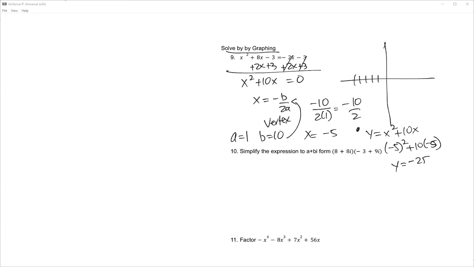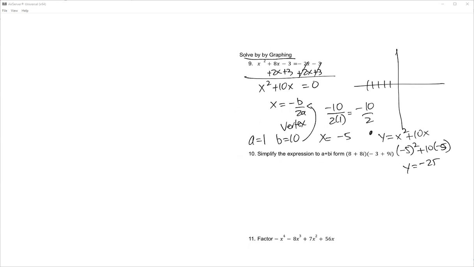Then plug in numbers left and right of this. Okay, so here's the 5. I'm gonna plug in -4 and -6, so I'm gonna make a table of values here. Then y is equal to x squared plus 10x.